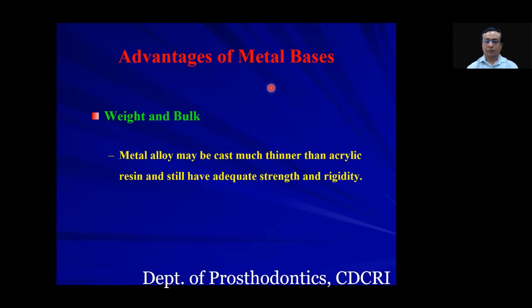So per unit volume, the strength of the metal will be more than the acrylic. In this way, weight will also be reduced without hampering the strength and the rigidity. So these are the advantages of the metal denture bases.